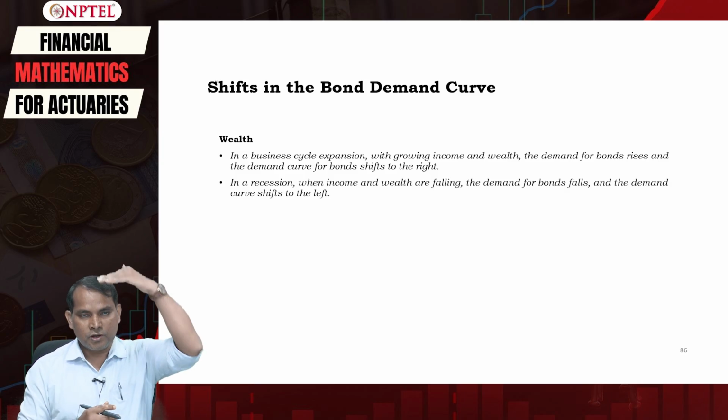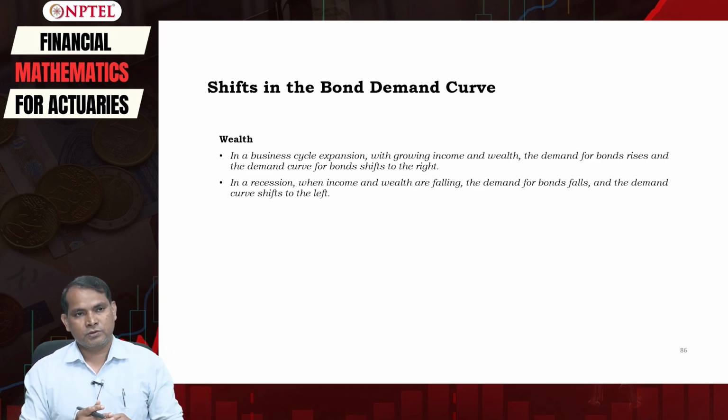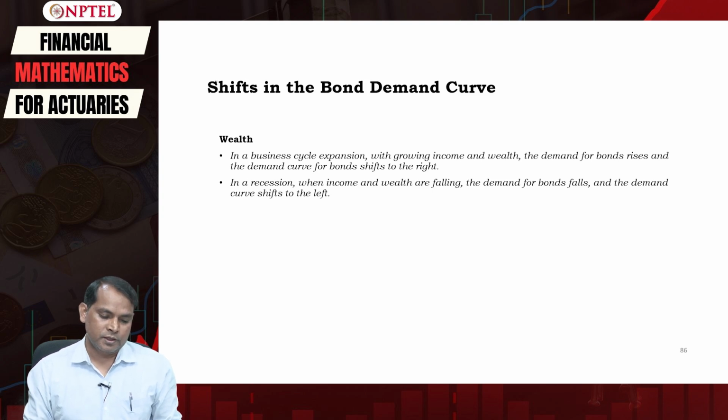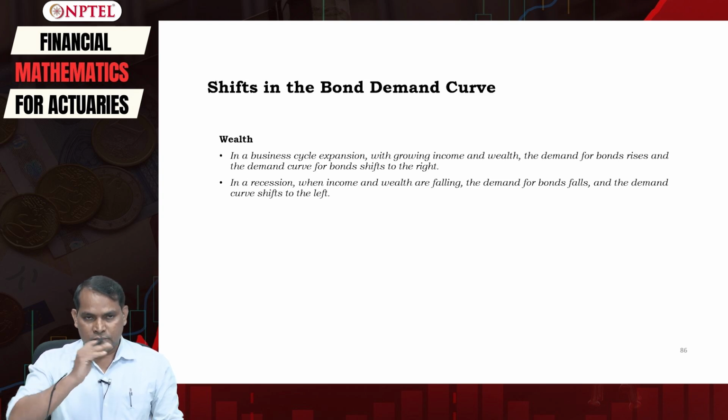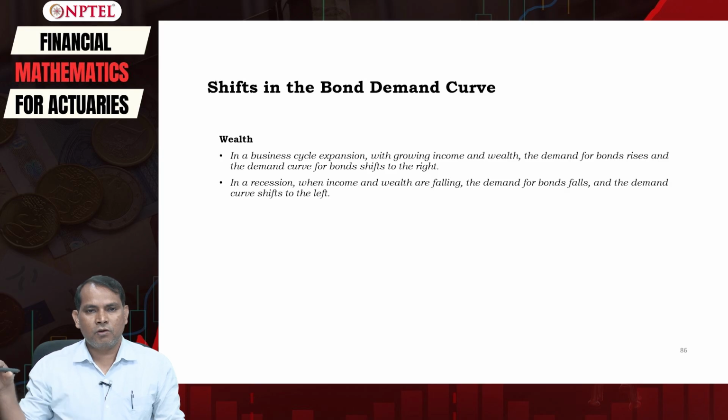The top is the boom period and the lowest is depression. So you understand the boom period and then the recession period, and the depression period, and in between we also have the recovery phase, right? So the periodic fluctuation of the economic activity or the output is known as the business cycle.